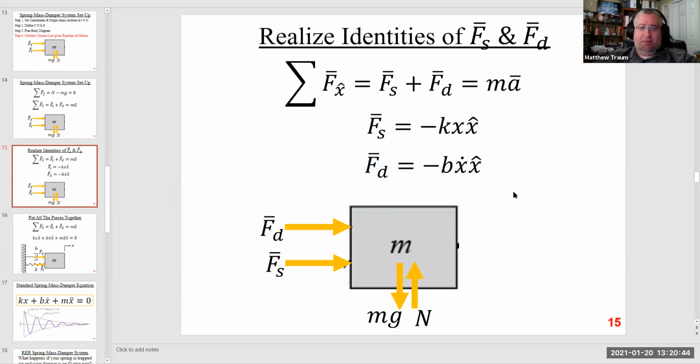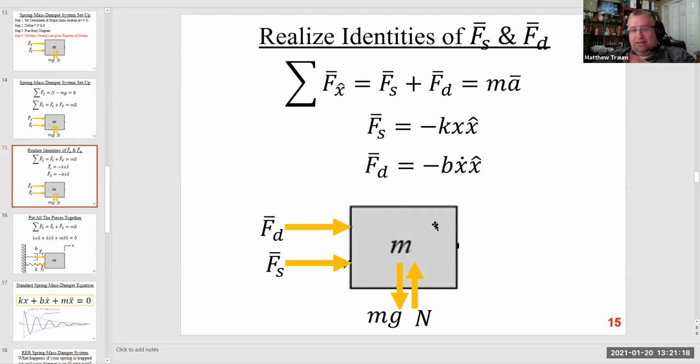I mentioned before that the damper and the spring arrows are always going to point in the same direction, either to the left or to the right. FS always points the same as FD and FD always points the same as FS. What this negative sign says is, if I'm moving the mass in the positive x hat direction, that's going to make FD and FS point in the negative direction, because they're going to oppose that motion.